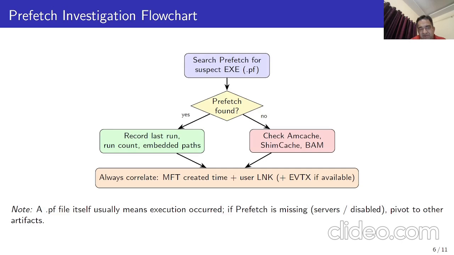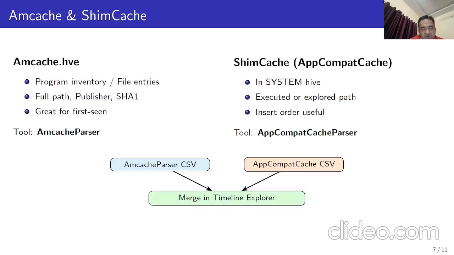For example, ransomware.exe has a prefetch run count of 1, the referenced file is in the finance share folder, and MFT shows the exe was created 2 minutes earlier than execution. This shows how Amcache and ShimCache will help later if prefetch is not found. Amcache.hve is the program inventory file, with entries for path, publisher, SHA1 and first seen, parsed via AmcacheParser.